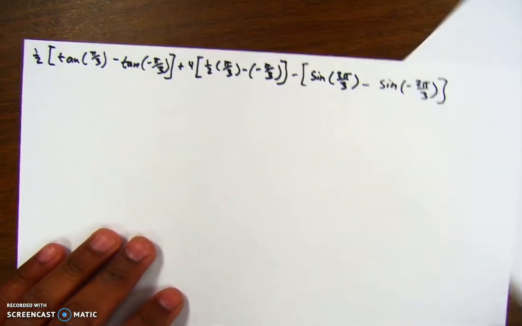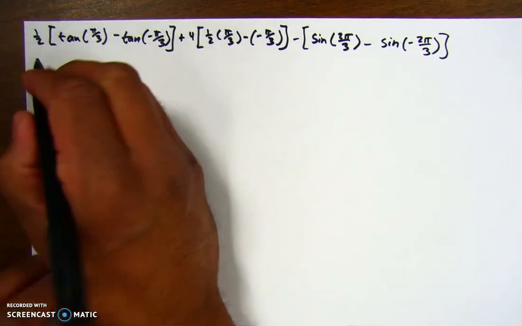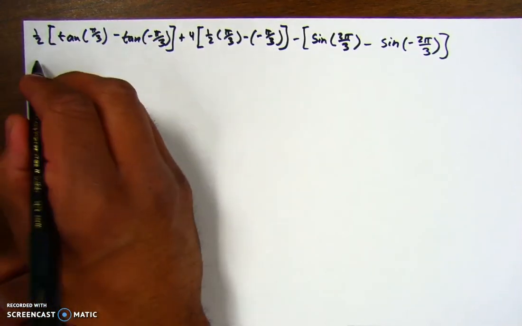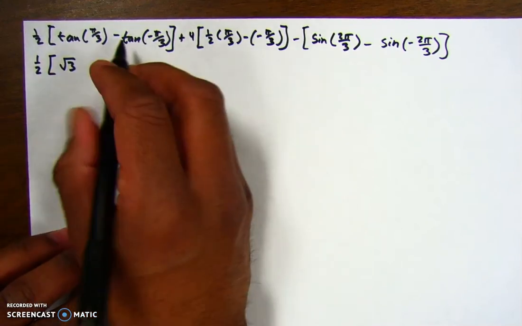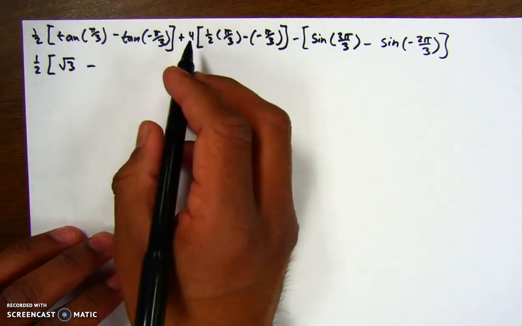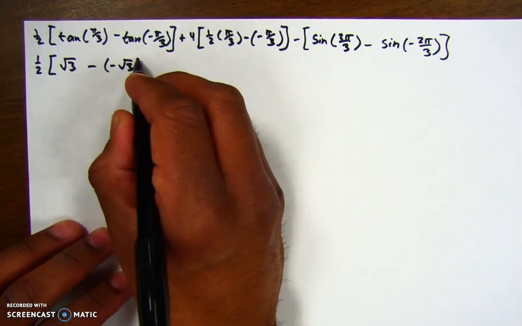Okay. So I have tangent of pi/3 is radical 3 minus tangent of negative pi/3, which is just negative radical 3.